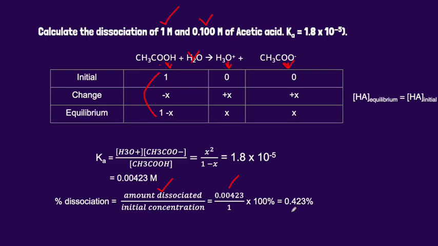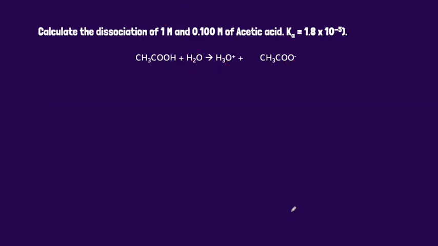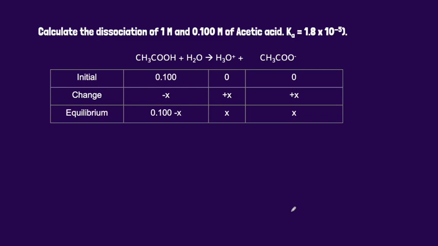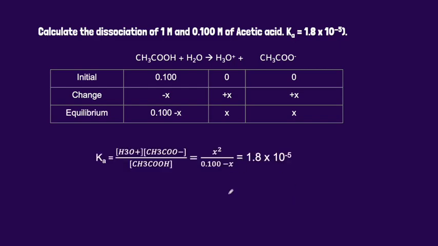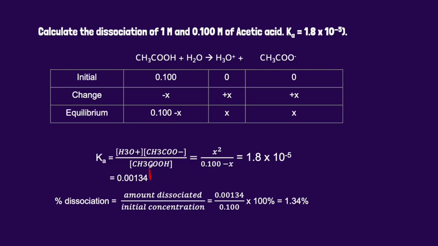Now let's do a similar table for 0.100 molar acetic acid. This is what you should get. The Ka value is obviously the same for both of them. You will get this molarity, you find a percentage of that, and you get 1.34%. This only has to do with the fact that you're reducing your numbers, so obviously the percentage is going to increase.